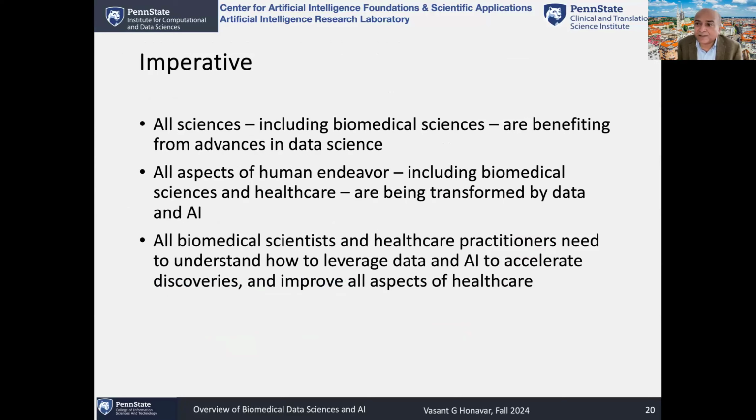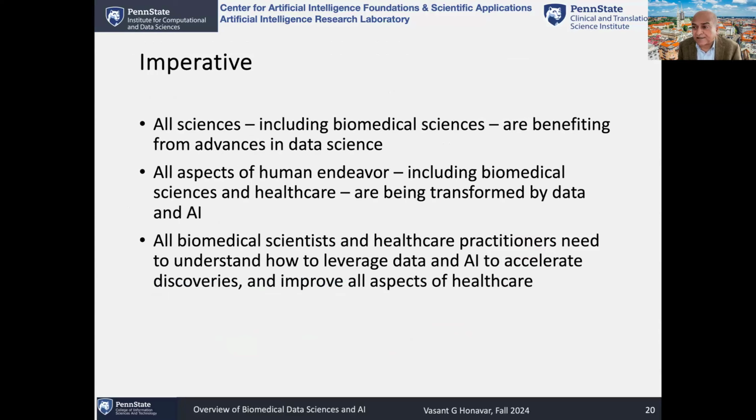So why are we holding this seminar series? All sciences, including biomedical sciences, are benefiting tremendously from advances in data science. All aspects of human endeavor, including biomedical sciences and healthcare, are being transformed by data and AI.